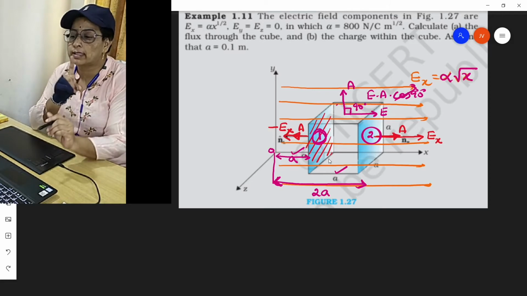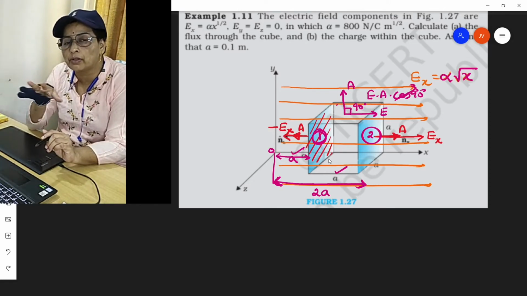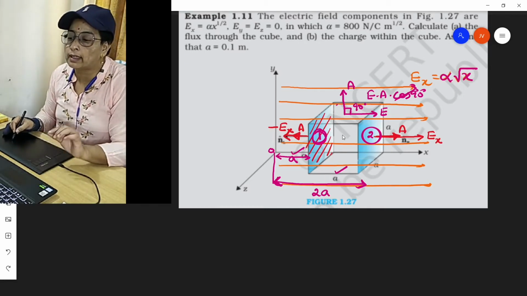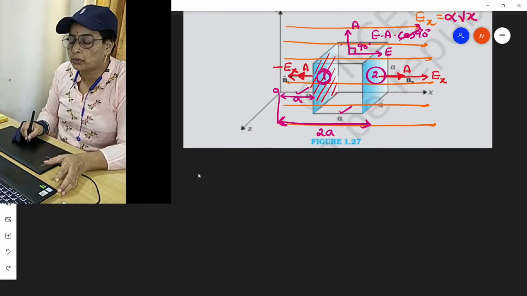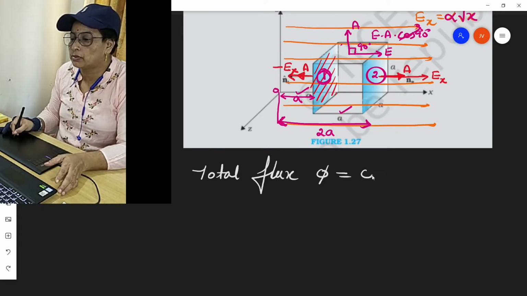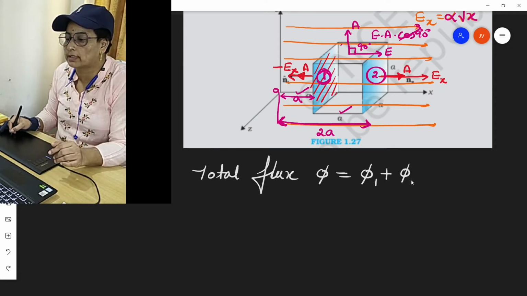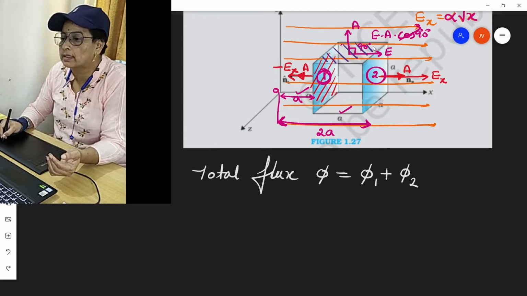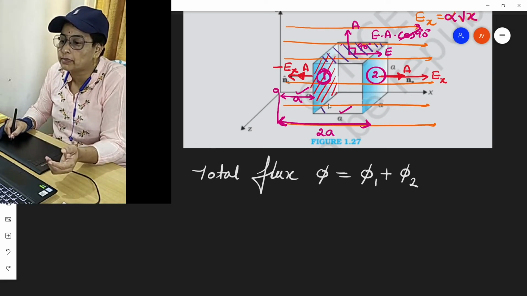That means except the first and second, all four lateral faces do not contribute to total flux, because the area vector and electric field are perpendicular to each other in all the cases. Total flux is due to face 1 and face 2. The same thing will happen to the base also.